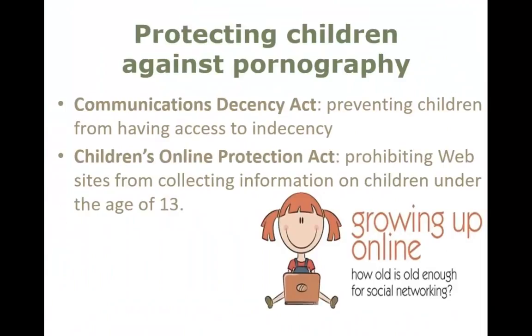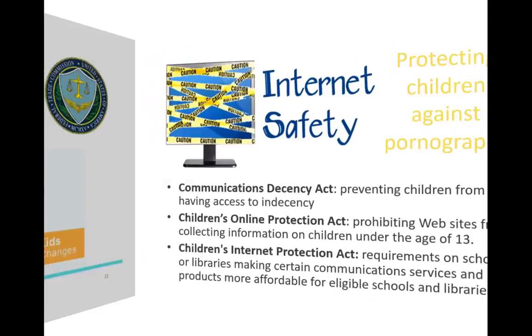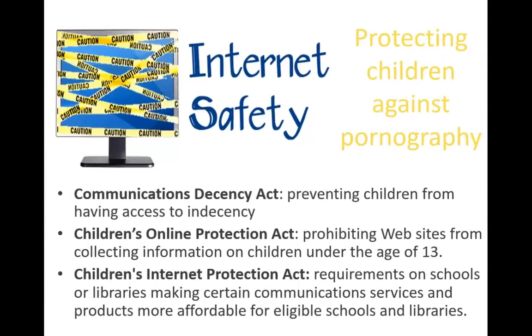The second one is the Children's Online Privacy Protection Act, which prohibits websites from collecting information on children under the age of 13. The slide shows the details of this act. And the last act is the Children's Internet Protection Act. This is a requirement on schools or libraries, making certain communication services and products more affordable for eligible schools and libraries.